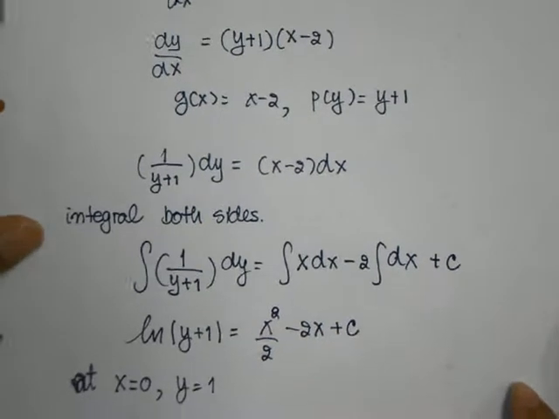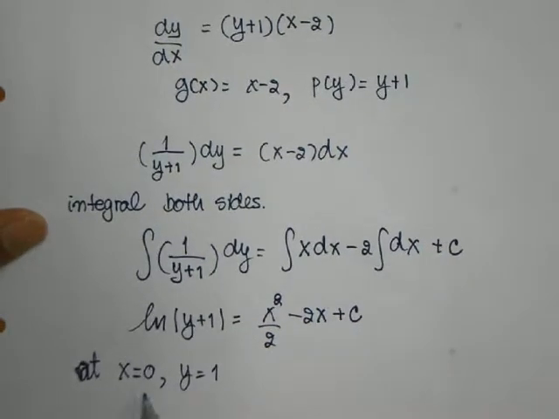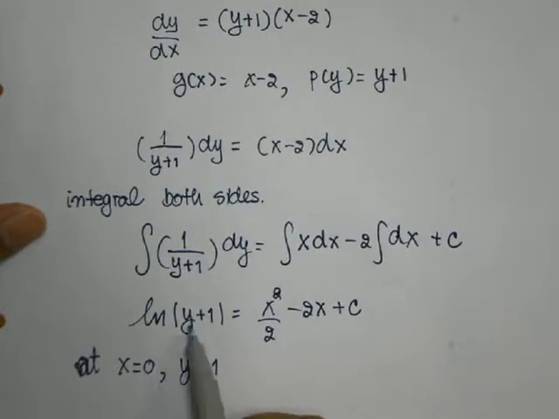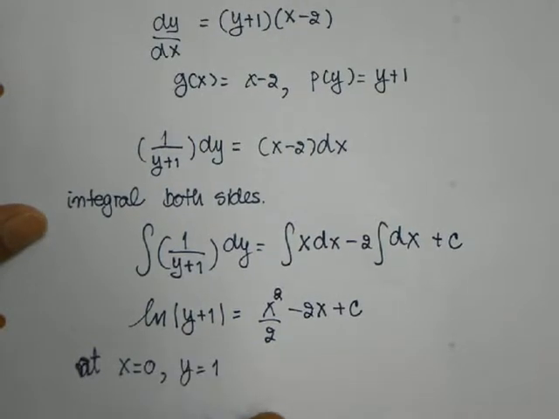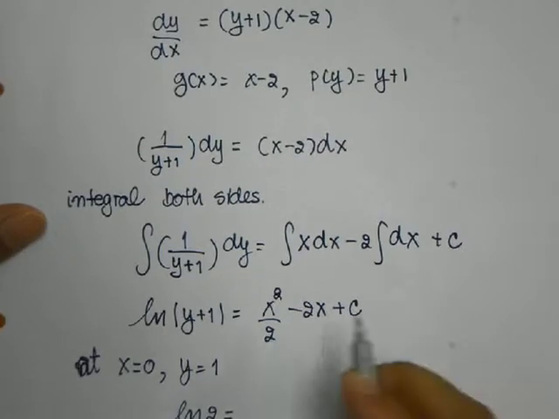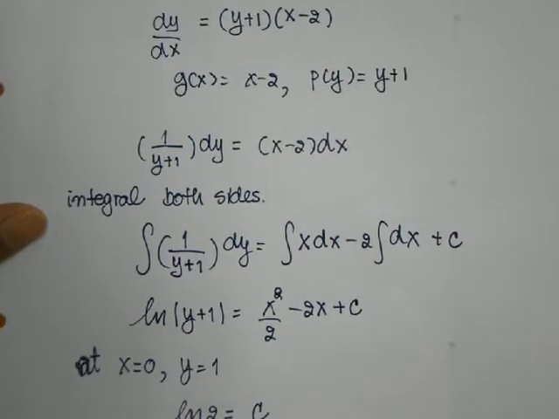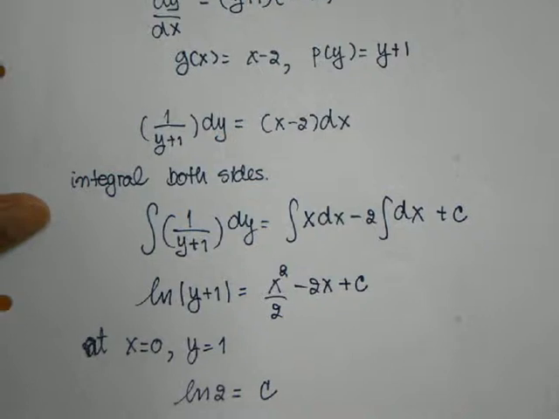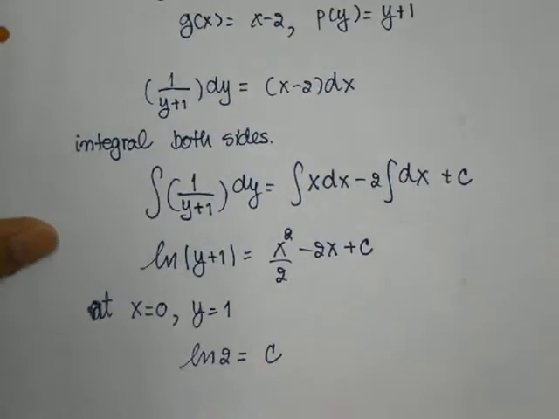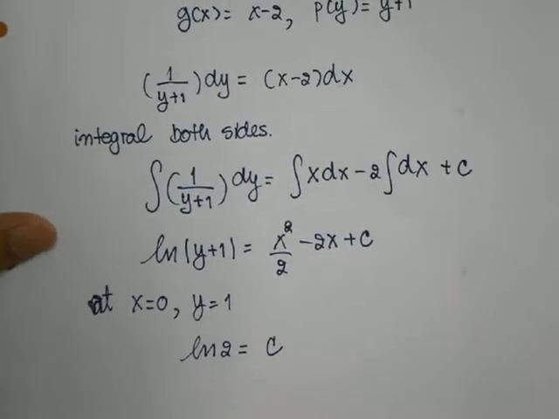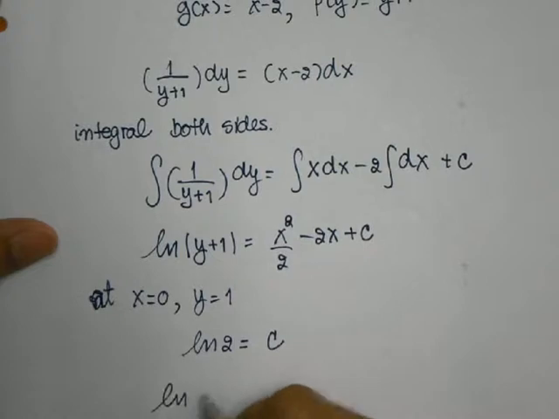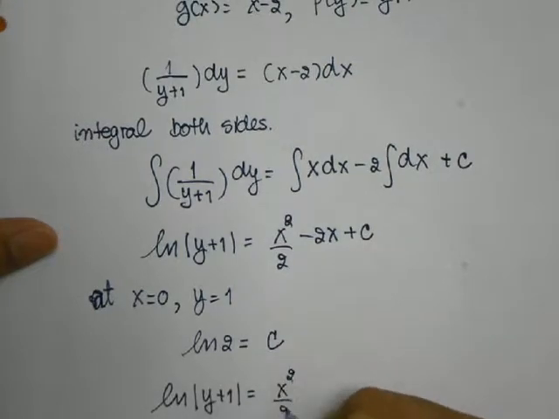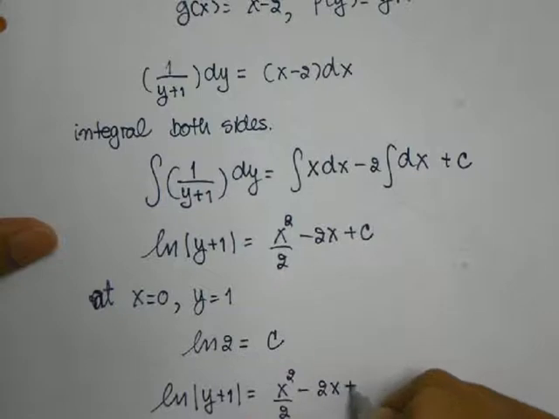And then we are going to use this boundary condition to find c. Okay, so you just put y equal to 1 there, you would get ln 2 equal to 0 plus c. So c is equal to ln 2, right? So the final answer would be ln of y plus 1 equal to x squared over 2 minus 2x plus ln 2.